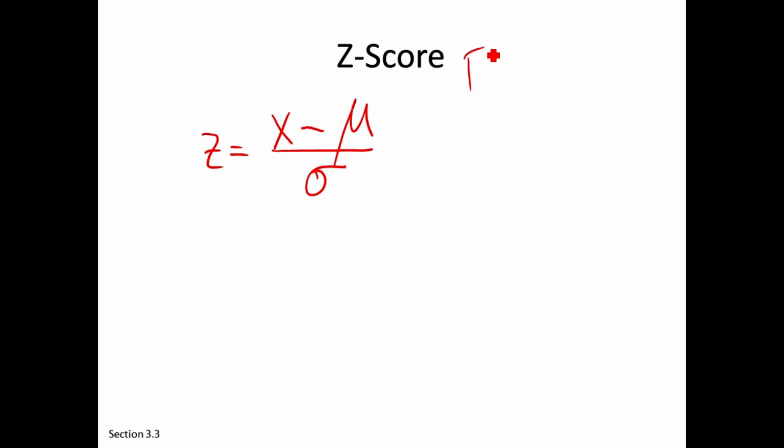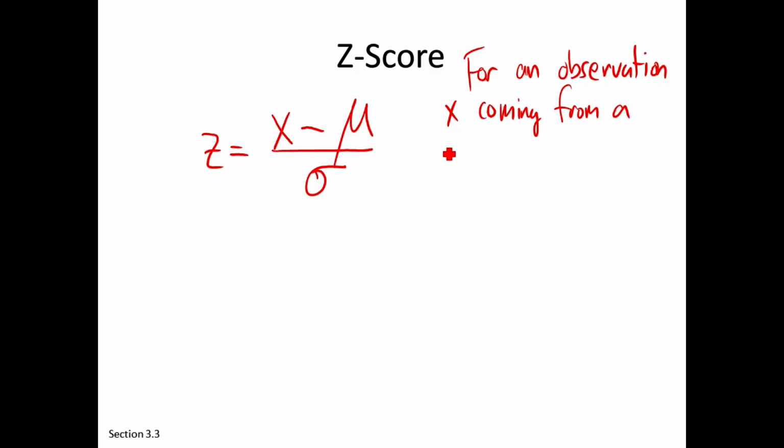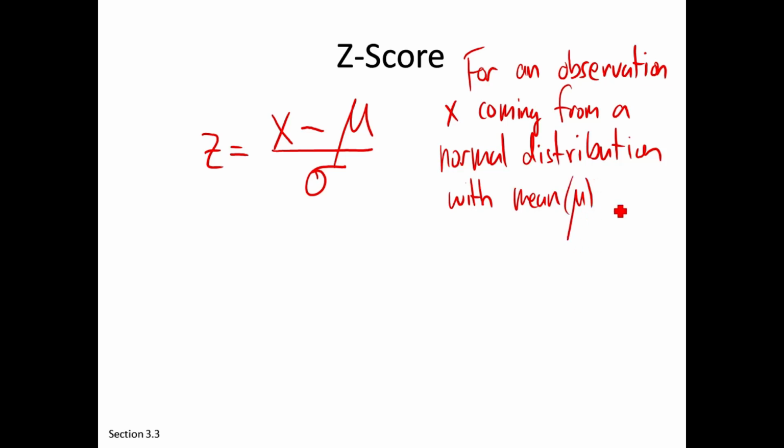So this would be for an observation X coming from a population or from a normal distribution with a mean of mu and a standard deviation of sigma.